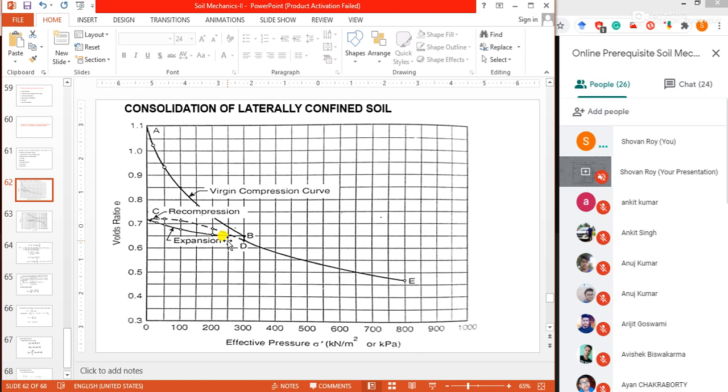If we put load again on the soil sample, a recompression curve such as CD is obtained.